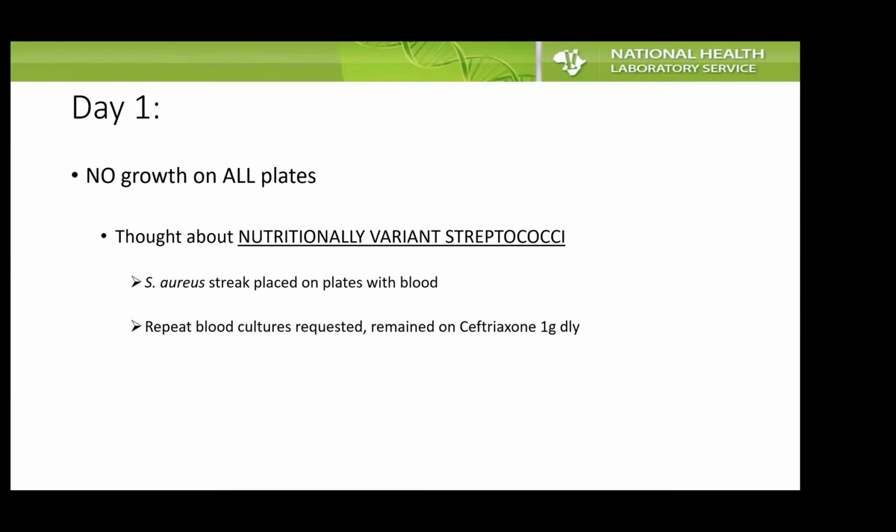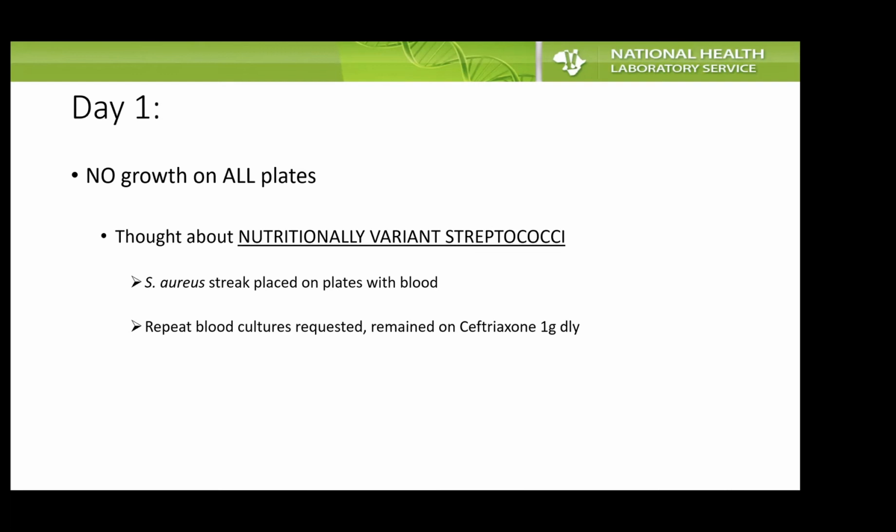So on day one, we had no growth on our plates. If you recall the image that I just showed you, we'd usually have growth on our plates of either alpha, beta, or gamma strep. They usually grow quite readily on our usual media.